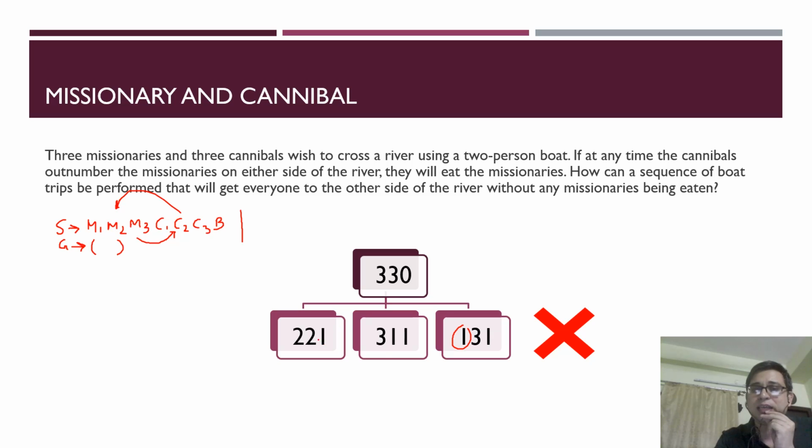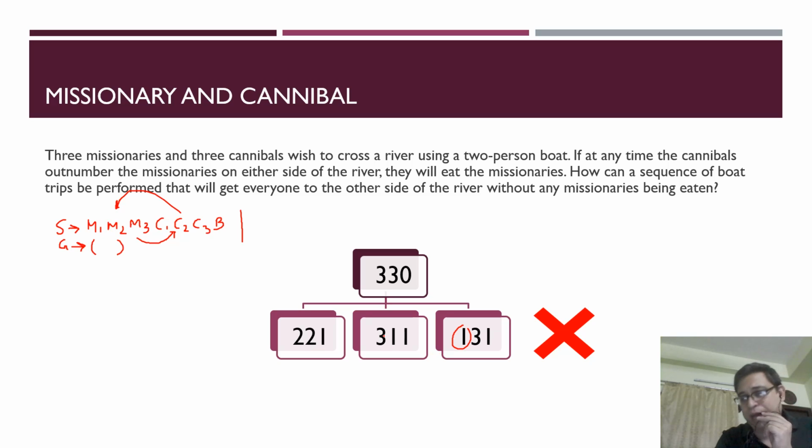Coming to the first two numbers, one common thing that you can see is that the addition is 4 for all of them, right? Because the boat can carry 2. Here you have sent one missionary and one cannibal to the other side, so it is 2 to 1.